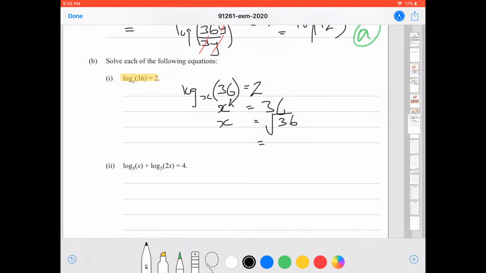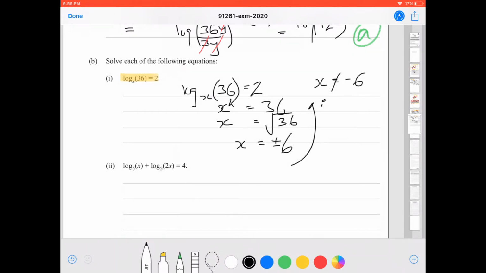And so x equals plus or minus 6, but x cannot equal negative 6 because you cannot have negative bases for the logs.